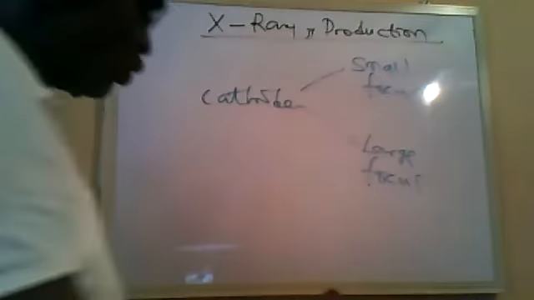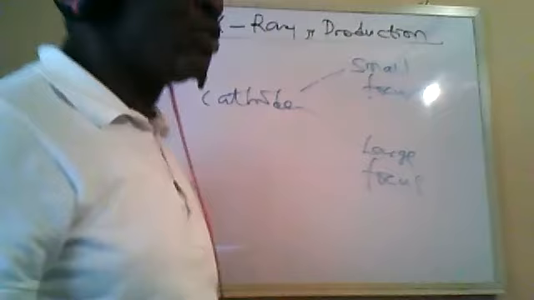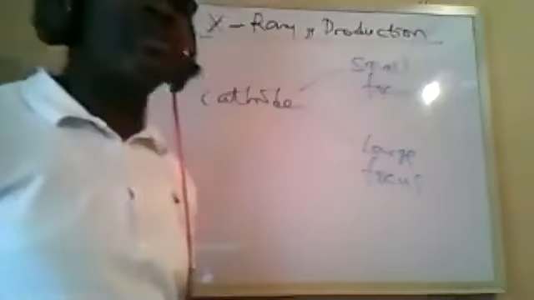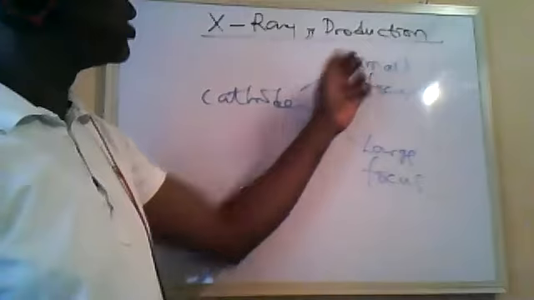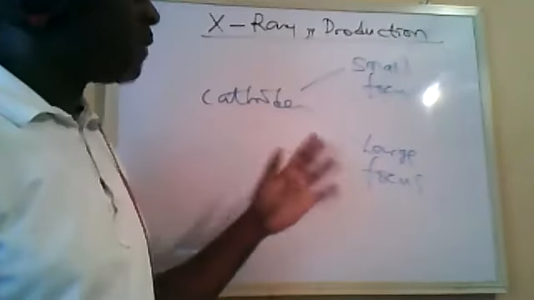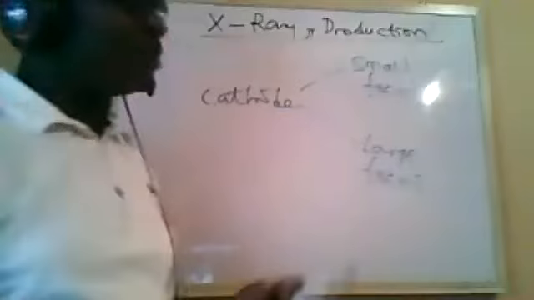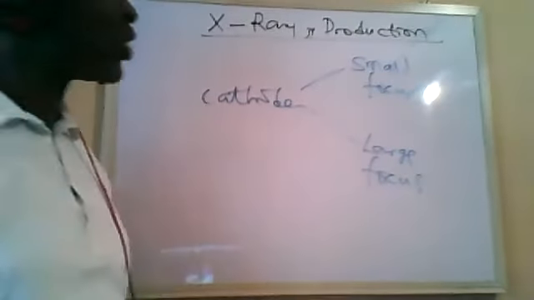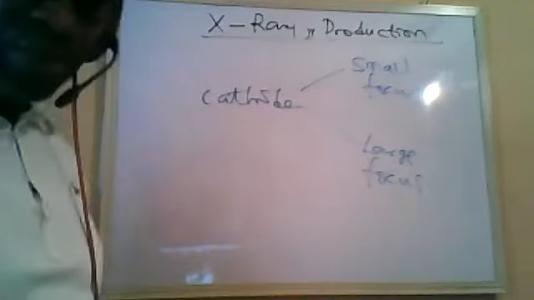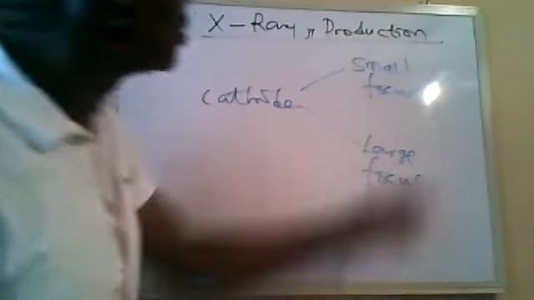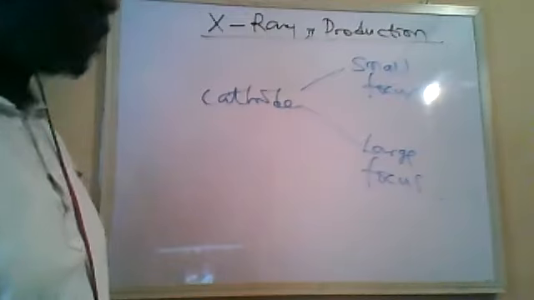We use a small focus when we want to image a small patient, or some small part of the body, maybe for angiography, where we want a very, very small focus. However, if I want to image a large portion, maybe a chest X-ray, of course, you switch to the larger focus. But when children, pediatrics, are involved, most times it is usually the small focus that is used.